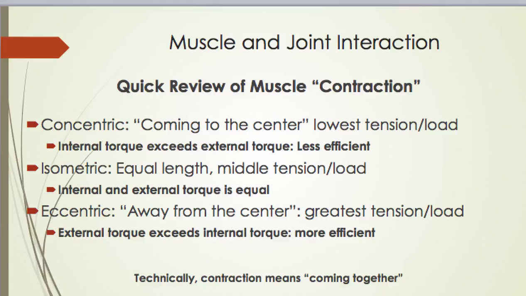So technically, a muscle contraction, you don't have to remember this for the test, but technically, contraction means coming together. So technically, a muscle contraction is strictly concentric, right? But we're going to use it a little more loosely within this course. Muscle contraction is activation of the muscle, no matter if it's lengthening, shortening, or staying the same length.